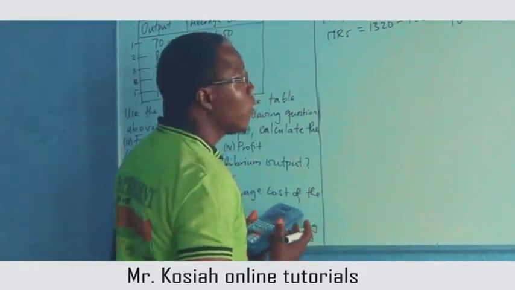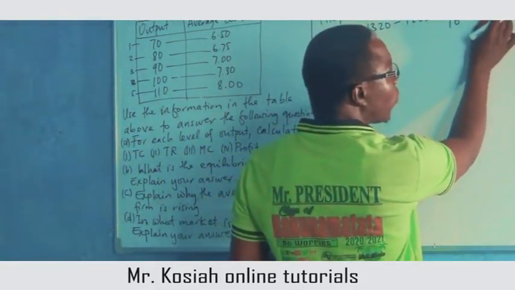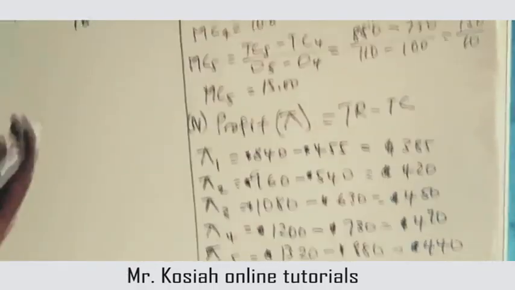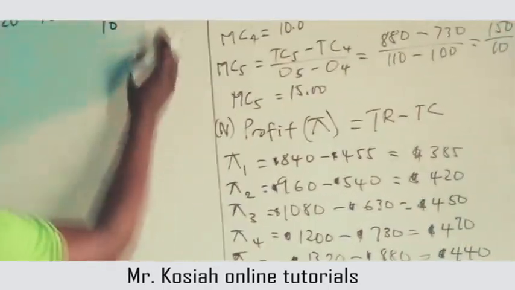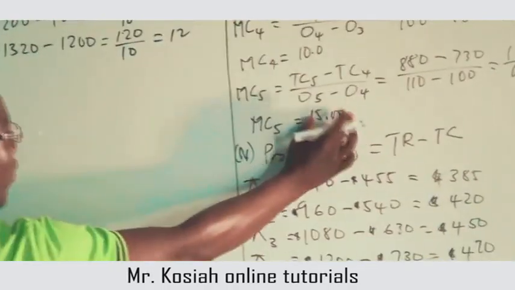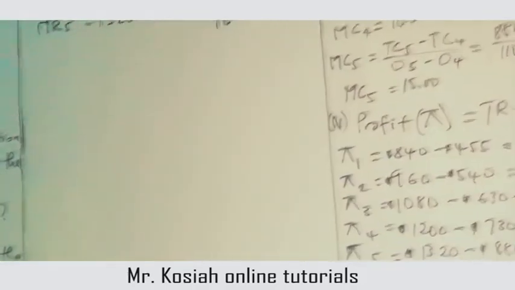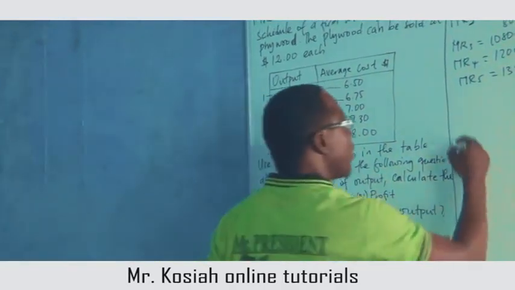So in this case, we can say this 12 is closer to this 10. For me, I will consider this, since it is closer to 10 than 15, because 12 is closer to 10 than 15. So automatically, I will consider the equilibrium output to be what?